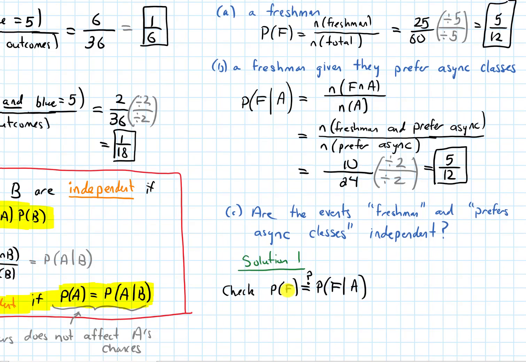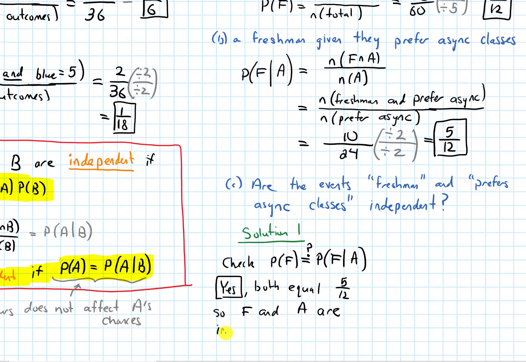The nice part about this is we've already worked out both of these probabilities. So the answer is yes, these two events are independent because both of these probabilities equal, as we found out, 5/12. So F and A are independent.